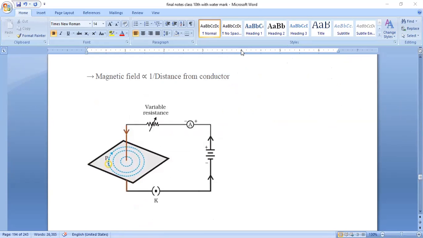See here, I'll just take you to the point. Give me a minute. Say this is our conductor carrying current I. So it will produce a magnetic field around it like this.